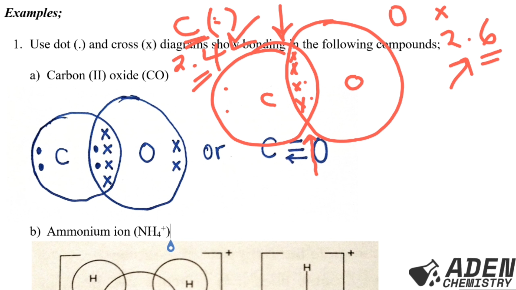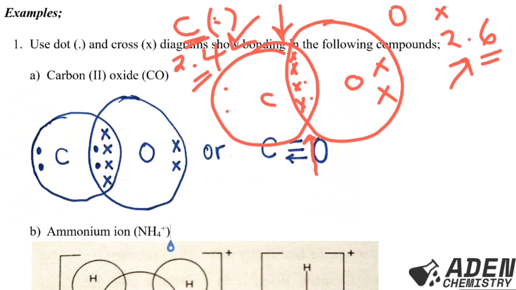So I'm supposed to have 2 more crosses on these 2 other parts. So now it's okay because oxygen has 1, 2, 3, 4, 5, 6, and it has gained those 2 dots from carbon. Then carbon has 1, 2, 3, 4 dots, and it has gained 4 crosses from oxygen. So we're done with the bonding like that.